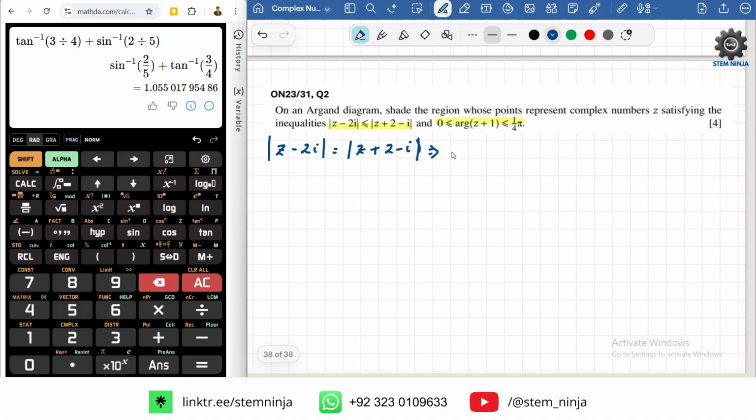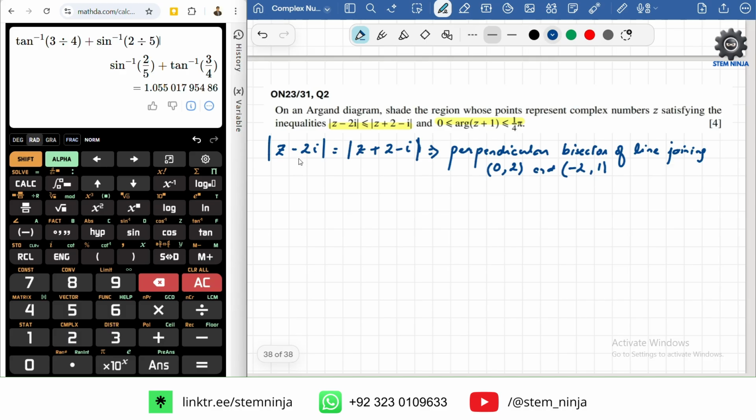So perpendicular bisector of line joining (0, 2) and (-2, 1). Okay, so signs are opposite.